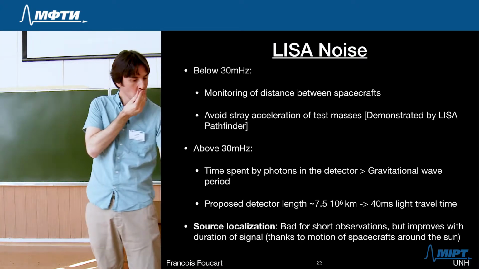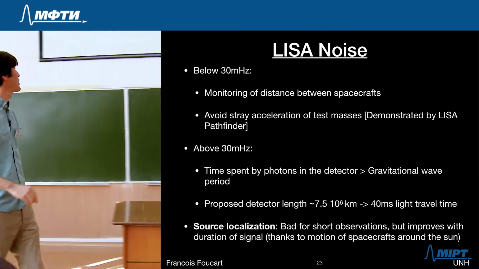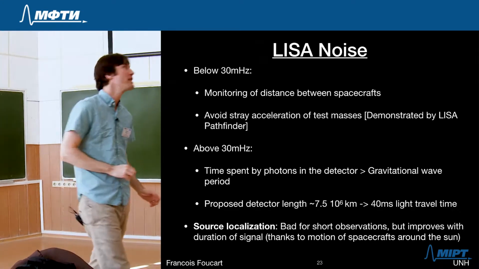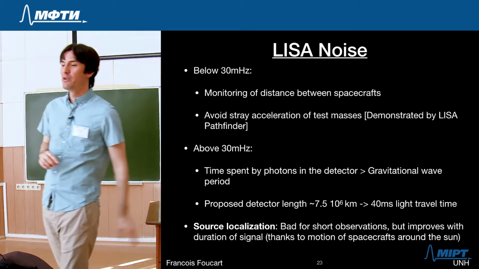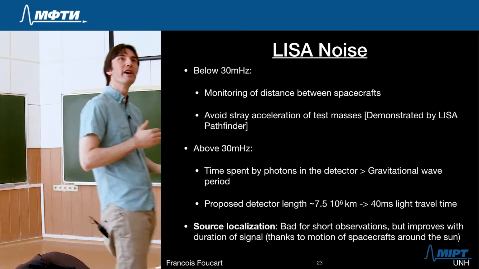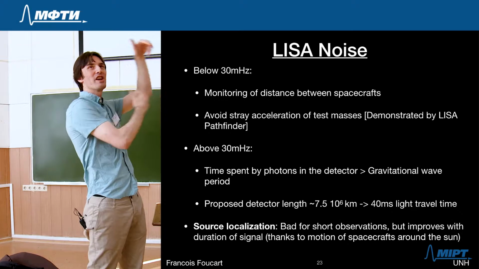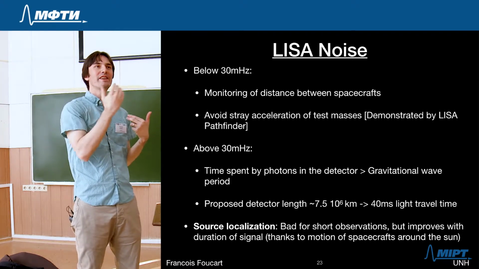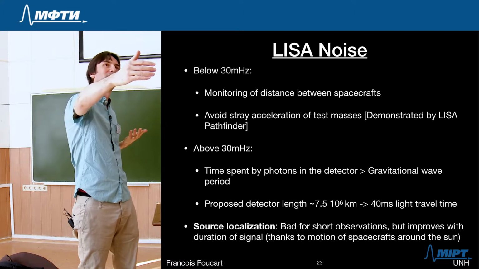And another thing that I wanted to clarify, we discussed a little bit source localization with LISA yesterday. LISA is bad at doing localization if you have a short signal, if you see something for only a few days. But because the detector is actually rotating around the sun and changing its orientation, it can actually get very good localization if it gets a much longer signal.